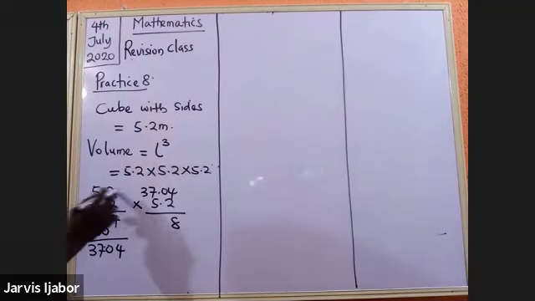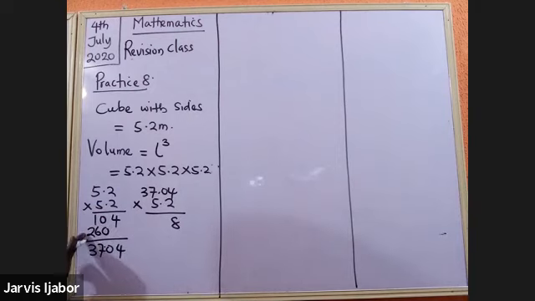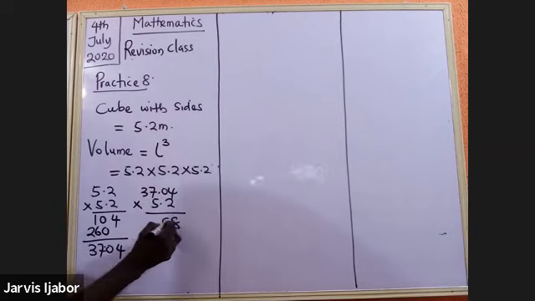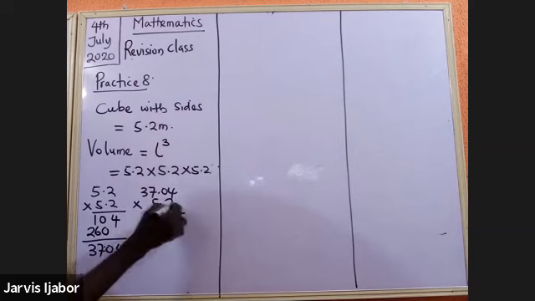This will be 5.2 times 5.2 will give me 104 and then 260. So what you get here, you multiply 0, 4, carry 1, and that's 7.